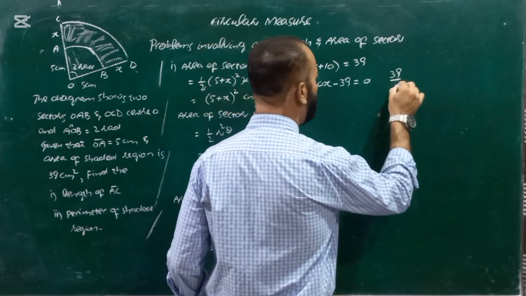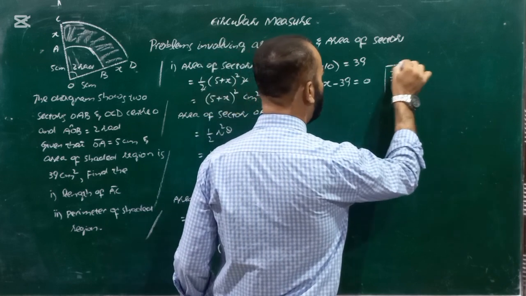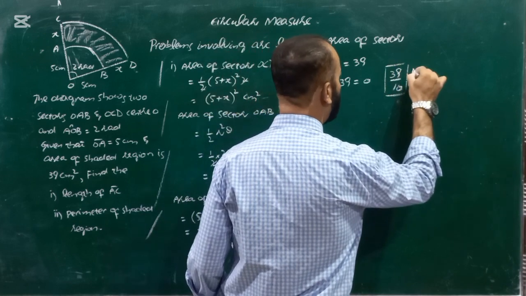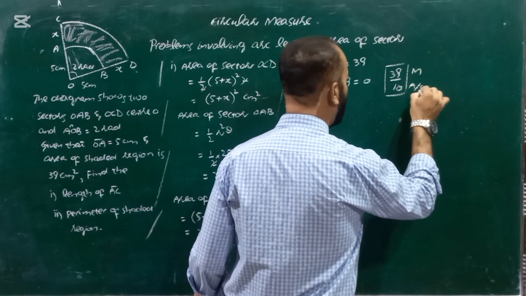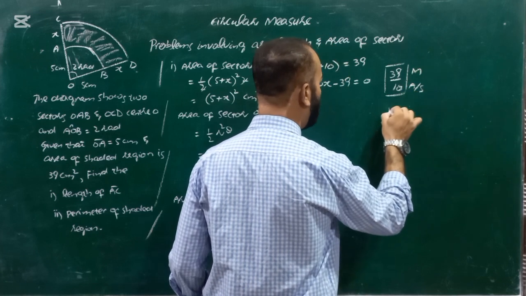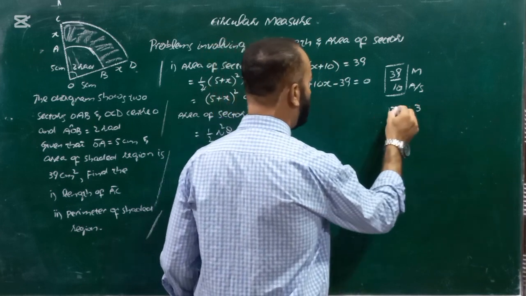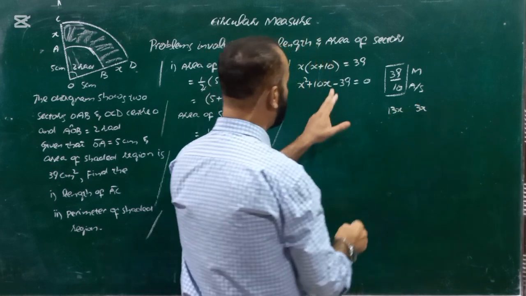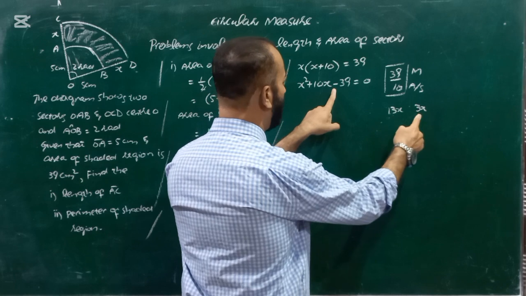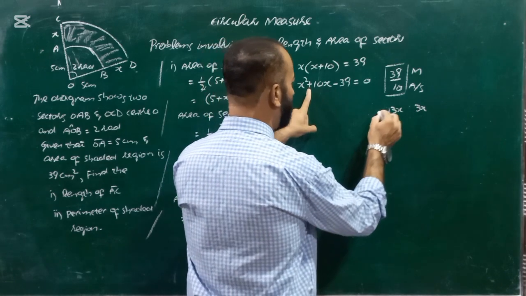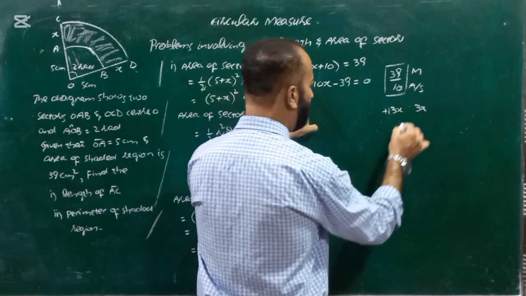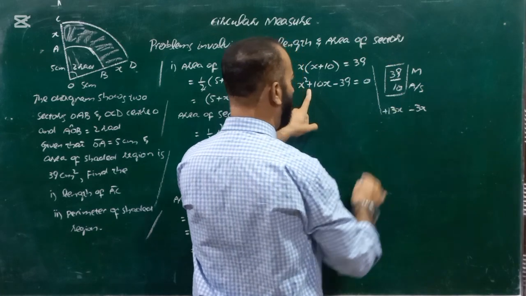Central coefficient is 10. So think of a pair of numbers whose multiplication equals this one, and addition or subtraction equals this one. So the numbers will be 13 and 3. So x will be written with both of them. This sign is telling us that both will have opposite signs. This is telling us that greater will have positive and smaller will have negative.